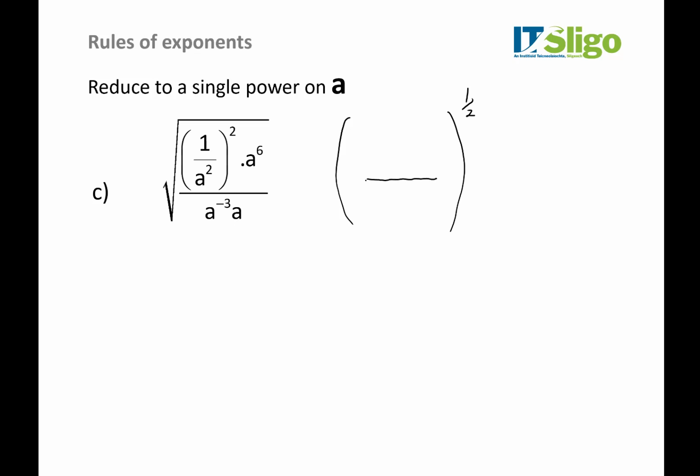Working on the top line, guys, remember, the square comes in and squares the top and squares the bottom. So we'll have 1 squared, which is still 1. a to the power of 2 raised to the power of 2 gives us a to the power of 4.